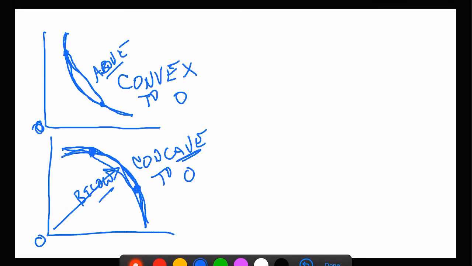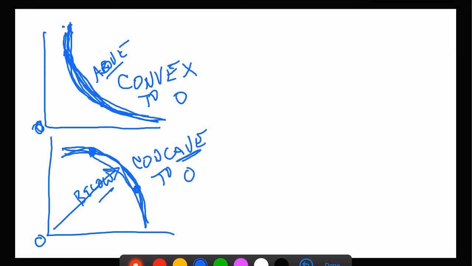So we deal with lots of curves in economics. Some of them are convex and some of them are concave, and it's important for us to understand the implications of that. For example, what we're going to call an isoquant, or we draw a lot of lines where we have equal utility along that, or equal output along that, equal production.